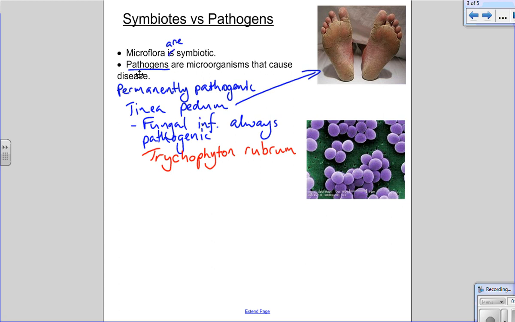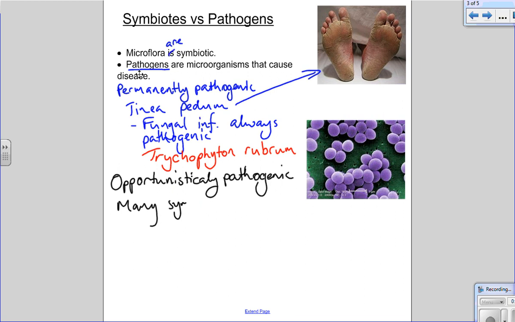The other ones are those which are opportunistically pathogenic. So, alright, there are many symbiotic microflora that become pathogenic when they're out of balance.